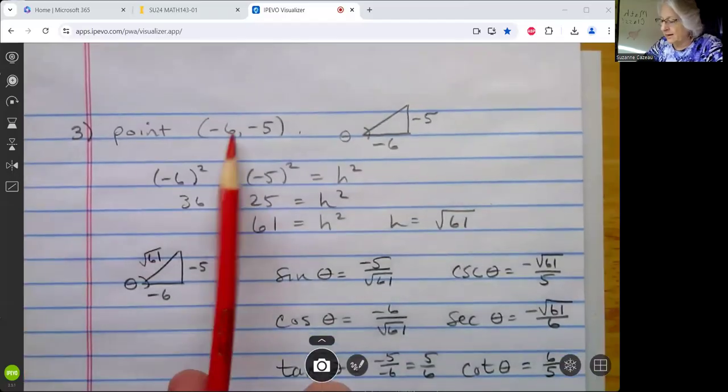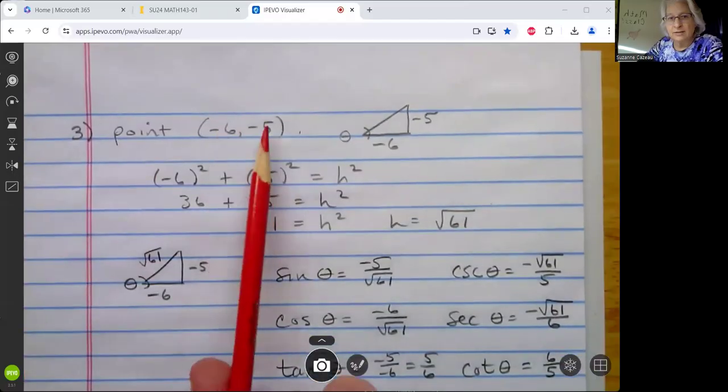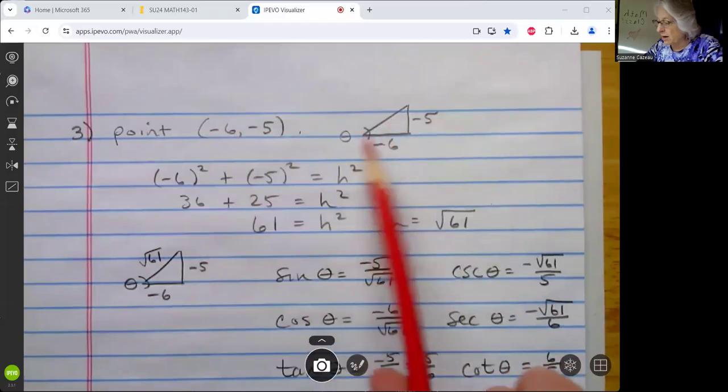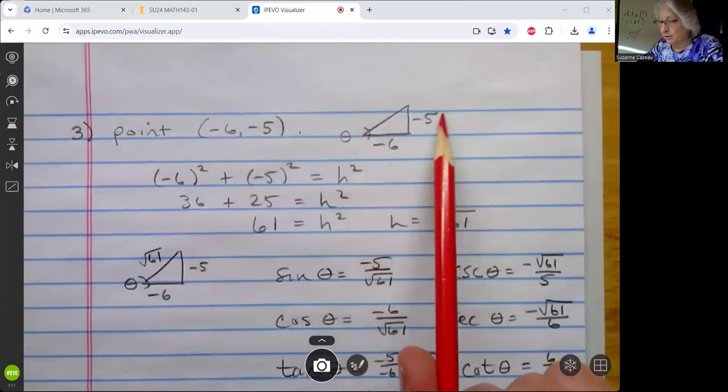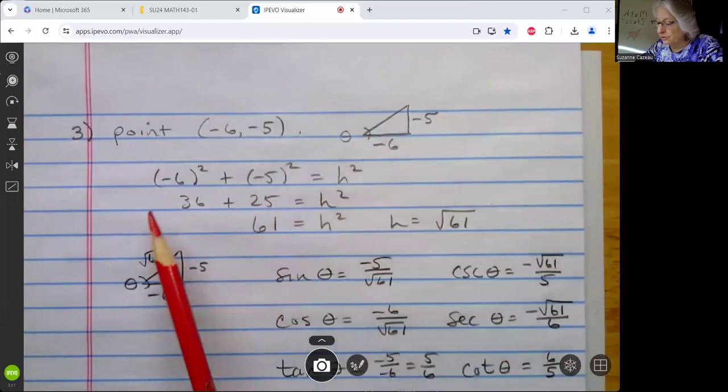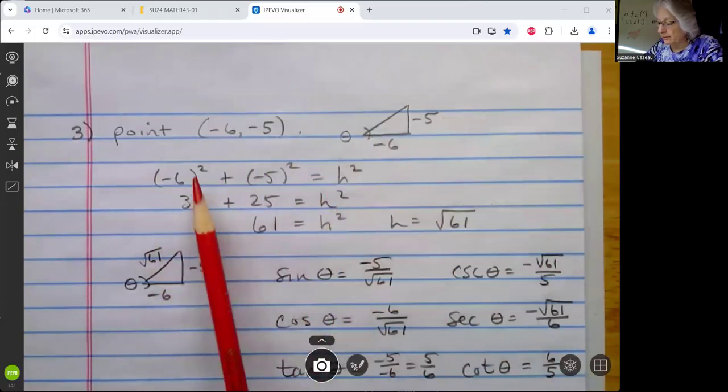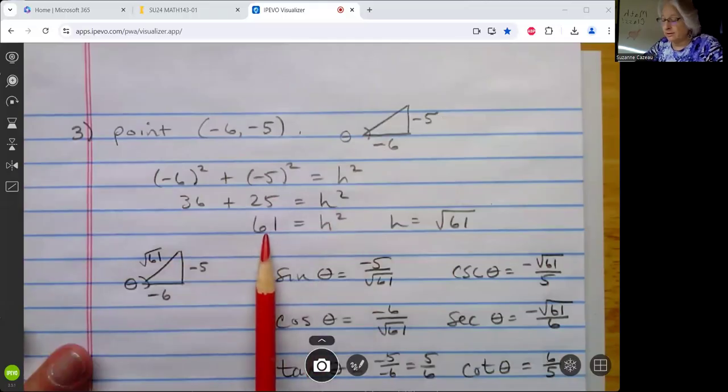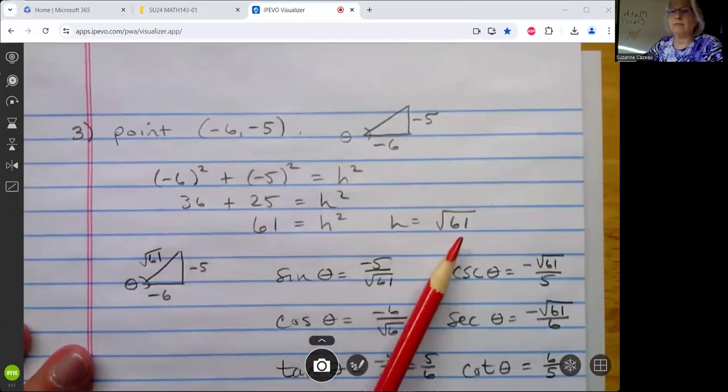So -6, -5. This is the x, this is the y. Just draw your triangle. Here's the x, here's the y. And then use the Pythagorean theorem on it. So you should get 36 plus 25 is 61. So h is the square root of 61.